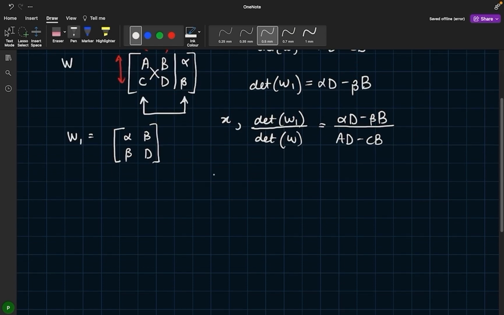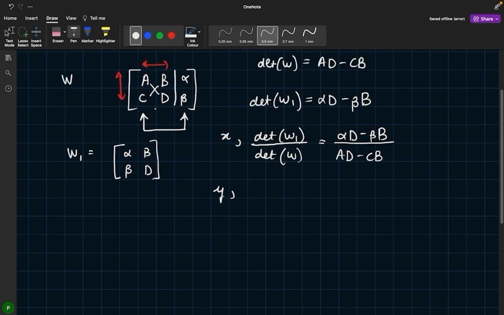Likewise, you can find the value of y by taking the resultant column and replacing it with the second column. So W2 is A, C, alpha, beta. The determinant of W2 is A beta minus C alpha.